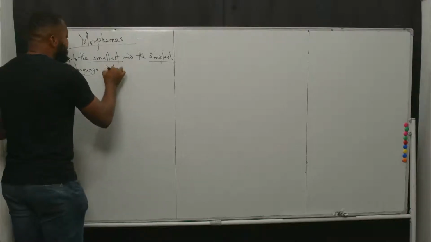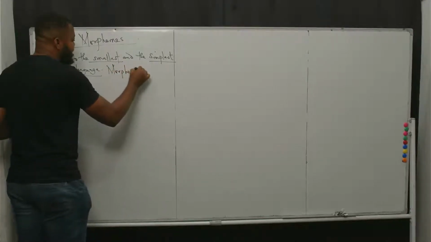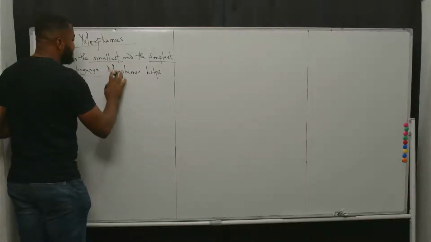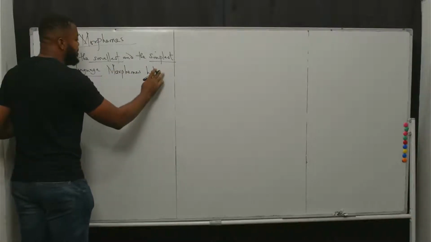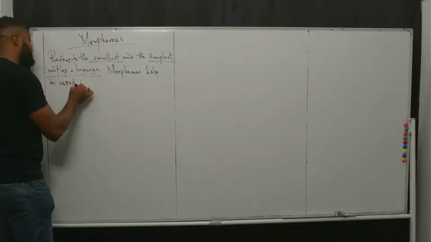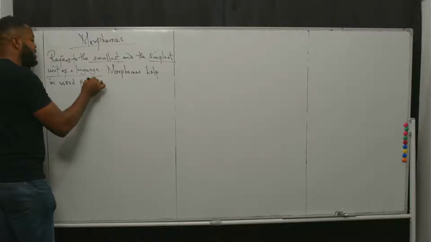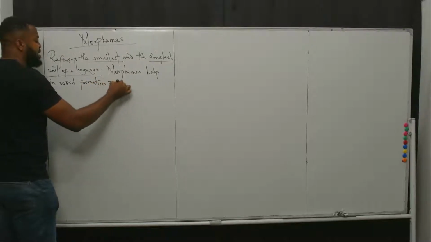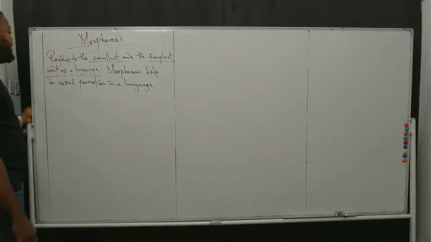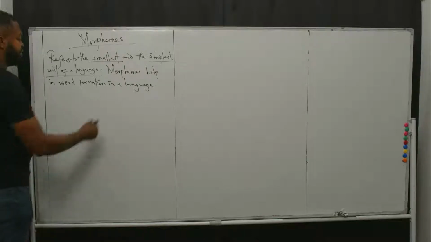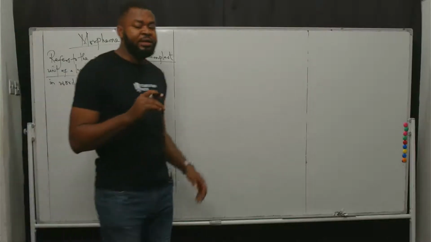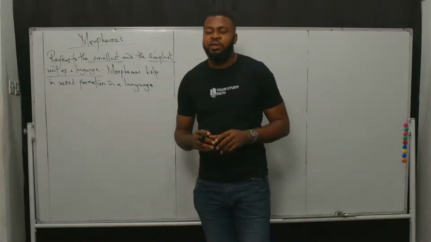Morpheme refers to just one aspect, but we'll make it plural: morphemes help in word formation in a language, basically. And morpheme plays a great role in the formation of words.